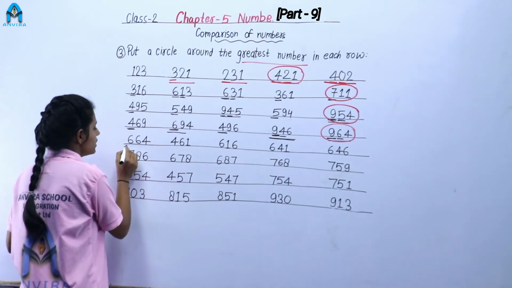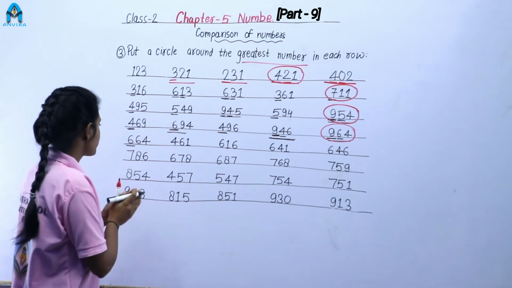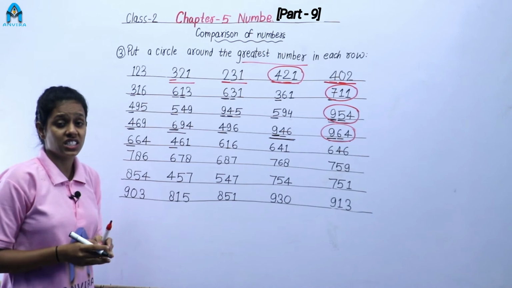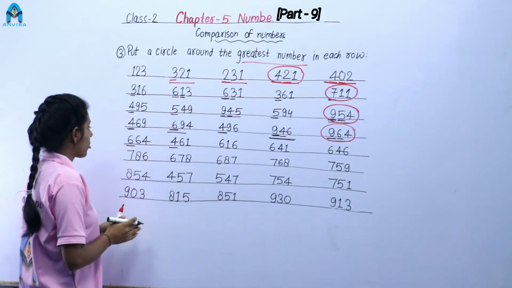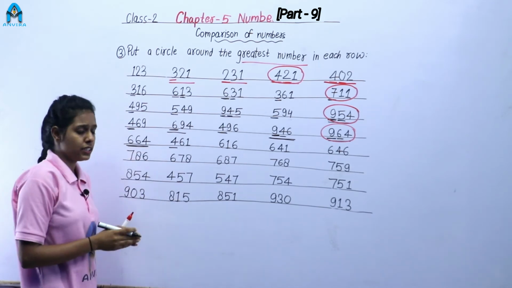Let's go to the next number. Here is 664. Next number is 461. So, now which is greatest? Yes, 664 is greatest.